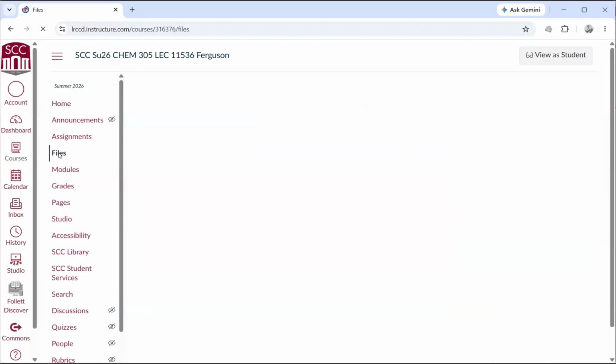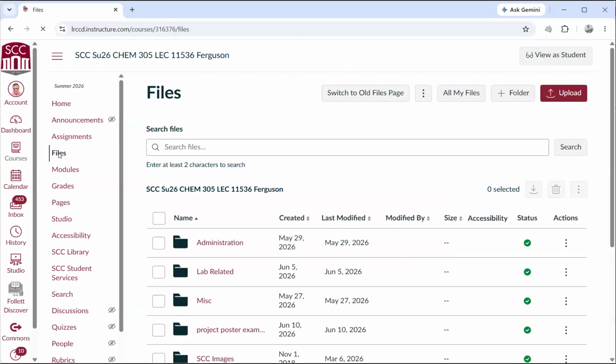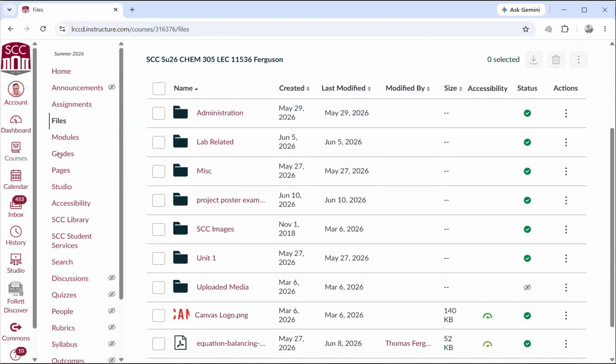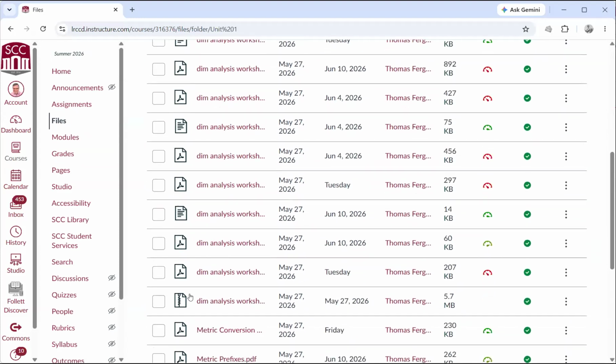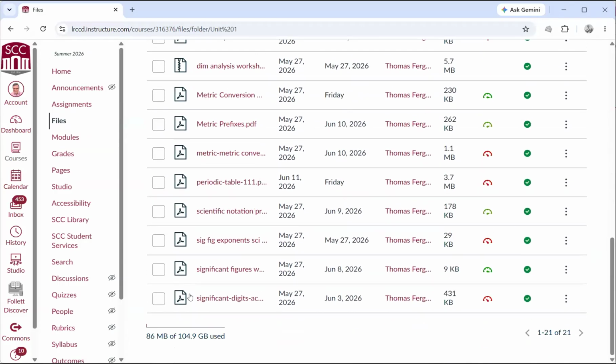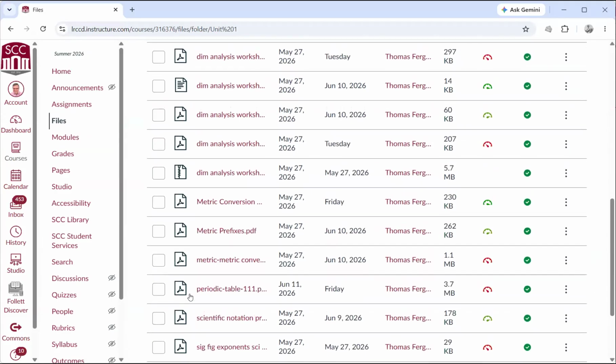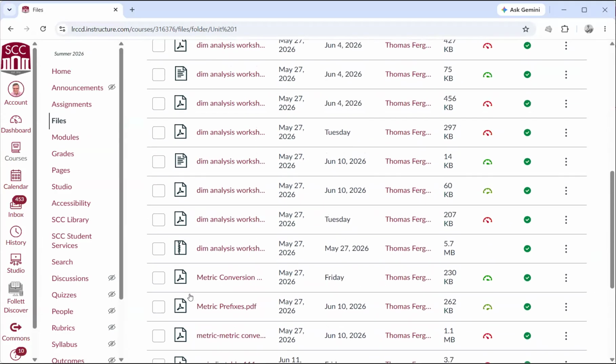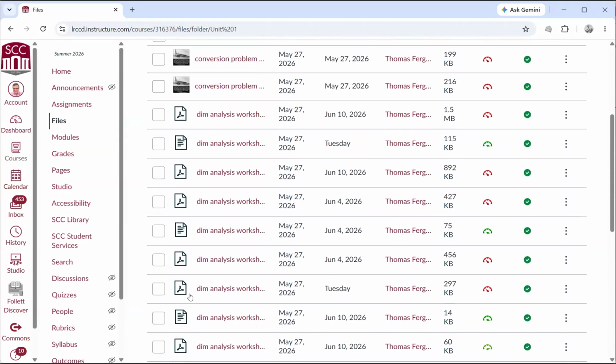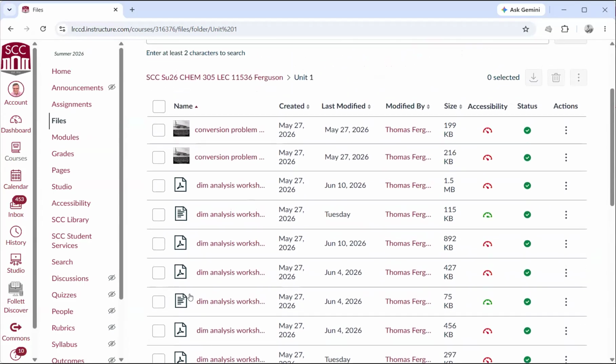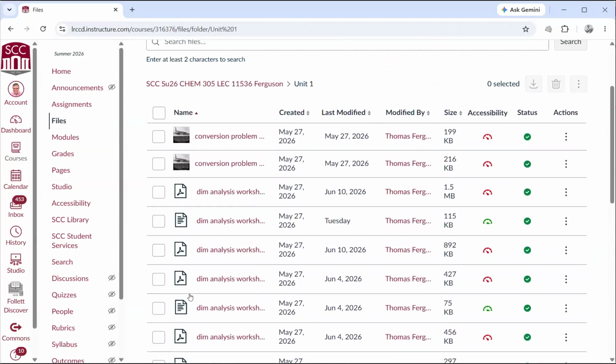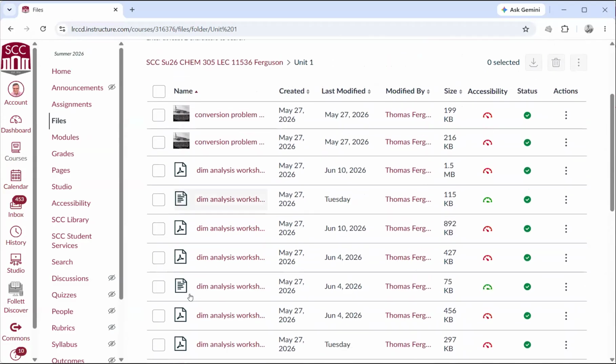Okay, so files, unit 1. And at the bottom. Well, it's a good thing I checked.